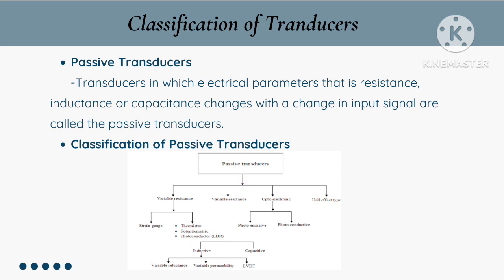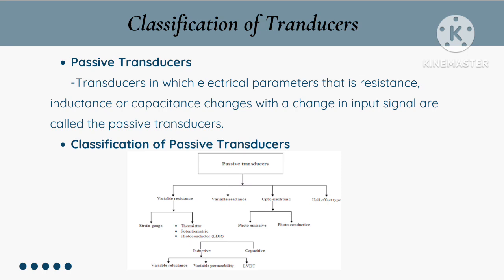Variable resistance transducers change their electric resistance depending on the input signal. Examples include strain gauge, thermistor, potentiometer, and photoconductor or LDR. Meanwhile, variable reactance transducers change their inductance or capacitance in response to the input signal. Examples include inductive and capacitive. Optoelectric transducers use light to sense and convert the input signal.